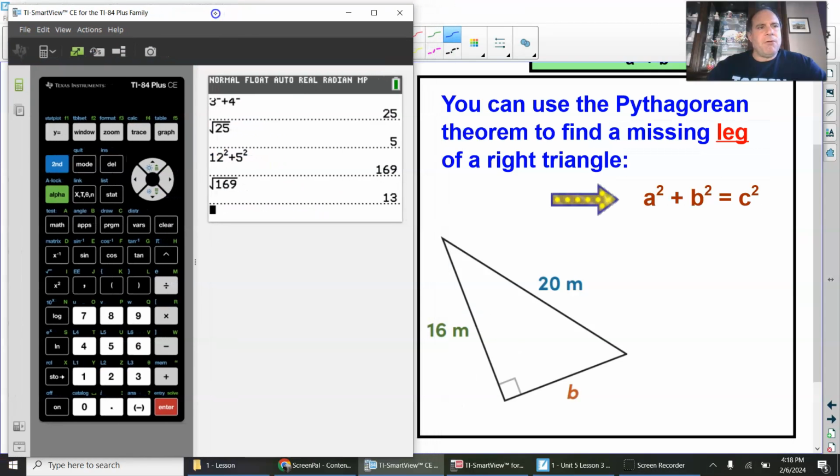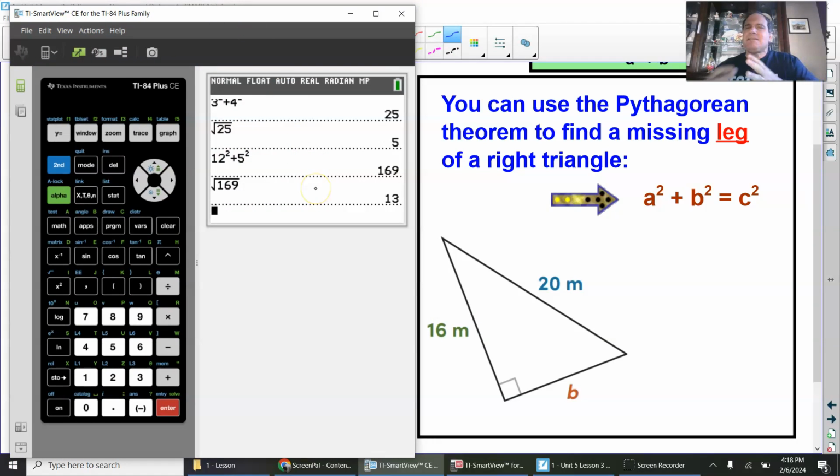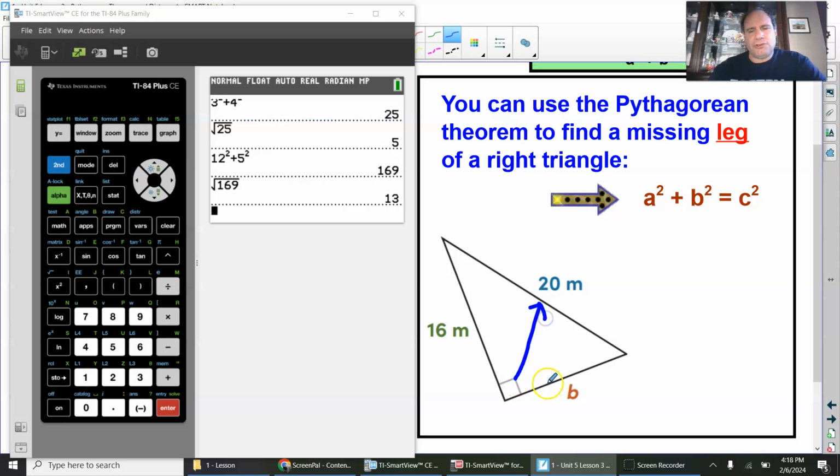So when we go over to this question, we realize that this is a little bit different than the other one that we just did. The first thing though, just make your arrow to side C, and it points to side C. So I'm going to label this side C, this side A, and this B. Now I write down the Pythagorean theorem formula, and I substitute 16 as the A. B squared will remain B squared because I don't have a number for it.